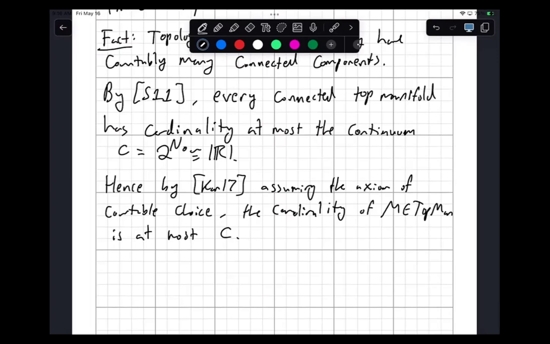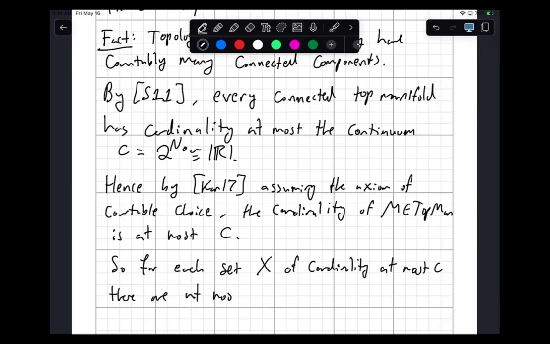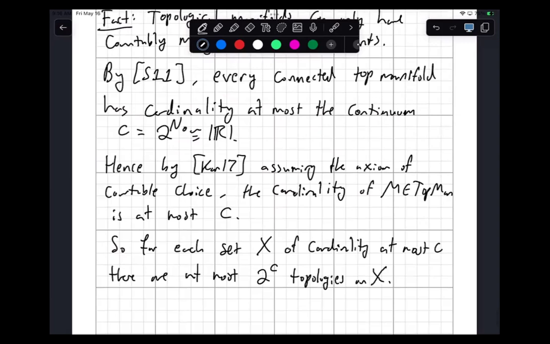So that means, suppose I have a set X. For each set of cardinality at most C, there are at most 2 to the C topologies on X. Certainly there are fewer, because you don't just take all subsets, but it's certainly bounded by all subsets, right?